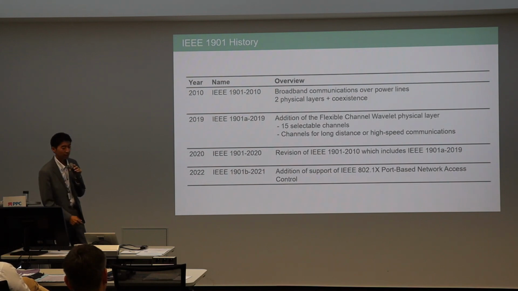One year later, 9001A was integrated with IEEE 2010 and released as 9001-2020. In 2022, IEEE 9001B was released, which enhances the security features by combining IEEE 802.1X server authentication.